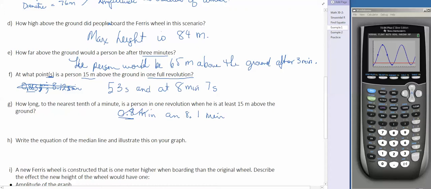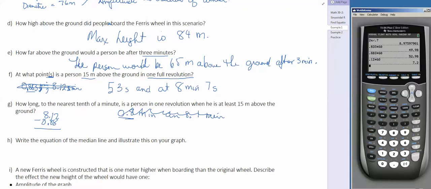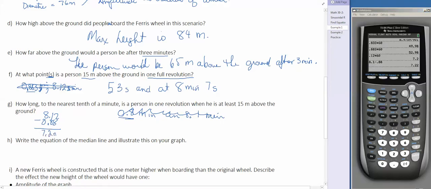So I can take the 8.12 and subtract from that the 0.88, and that difference gives me for what period of time they are above 15 meters. 8.12 minus 0.88 gives us 7.2 minutes.